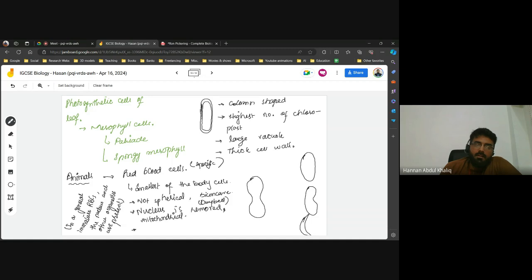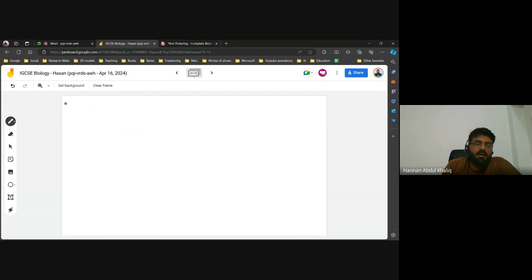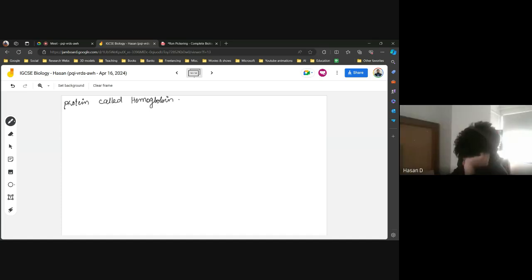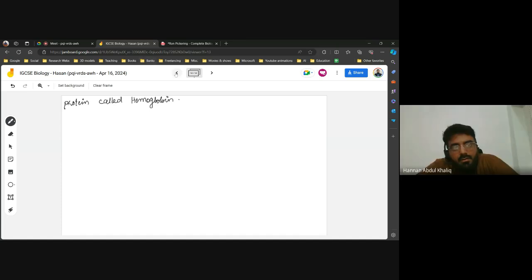Another very important thing is that they are stuffed with an oxygen carrying protein. What is the protein that carries the oxygen? It is the protein called hemoglobin.